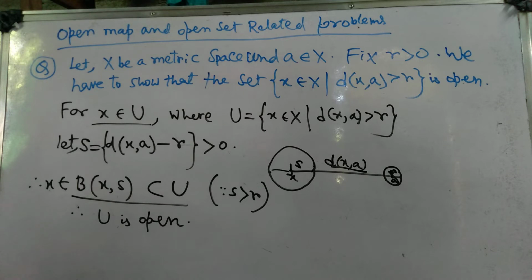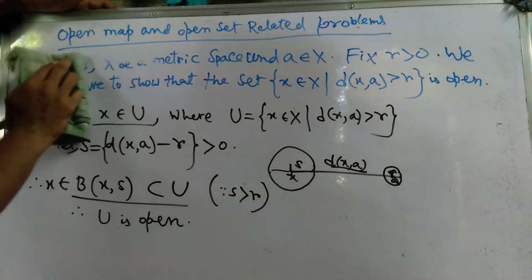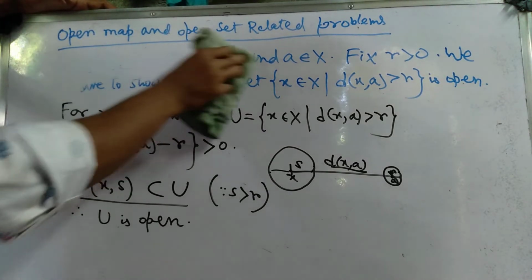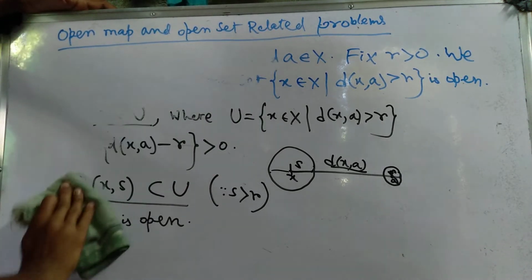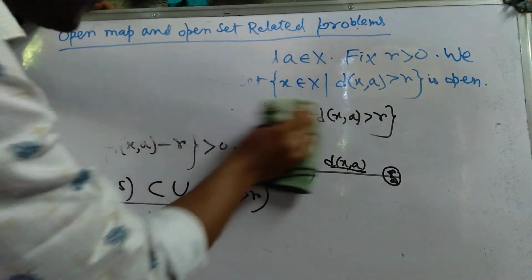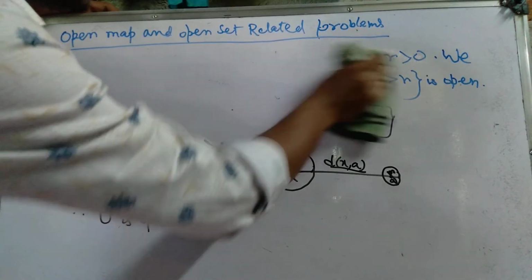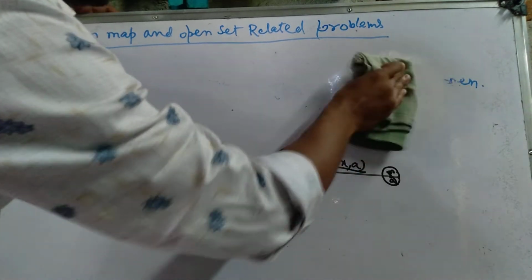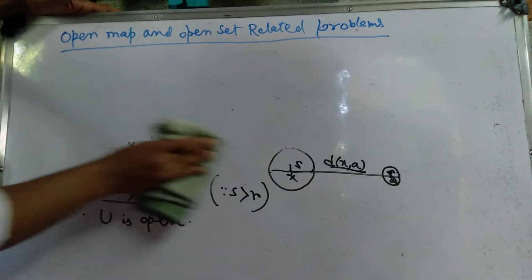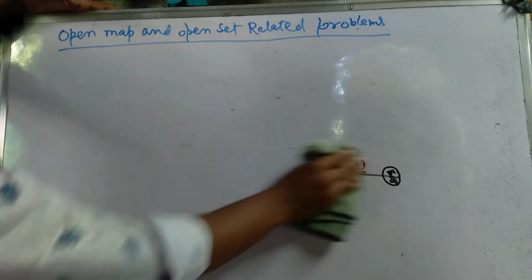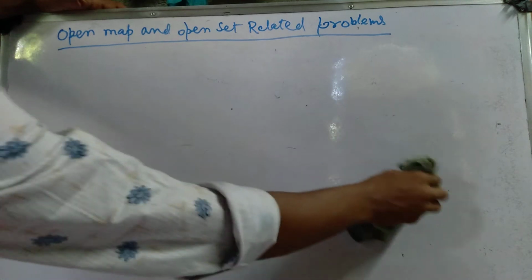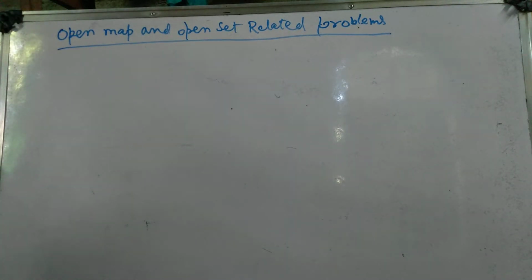Now we discuss another problem related to open maps and open sets, another important problem. This problem is very easy. So we now start with that problem.